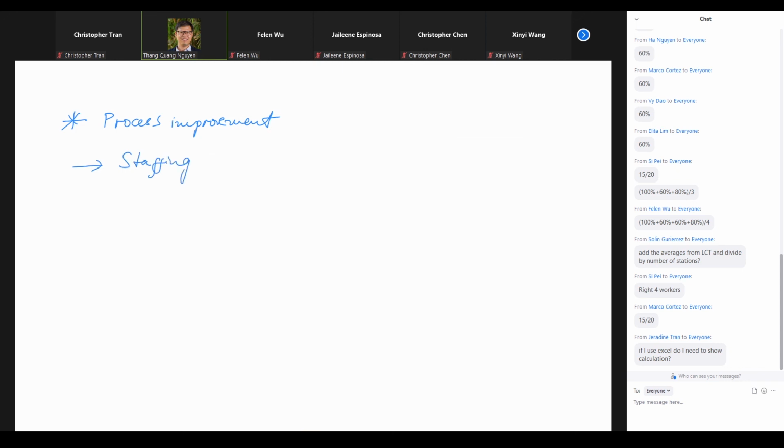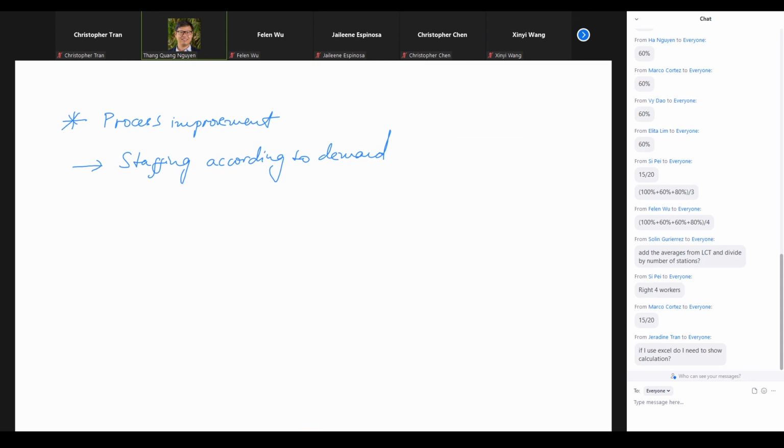So if we have more demand, we staff more. Of course, you have to balance out the process first, and then if we still need more people, we hire more, we call more temporary workers to help out with the work, right? So the first method is staffing according to demand.